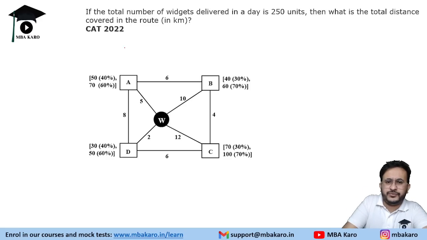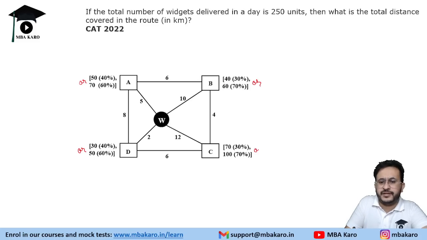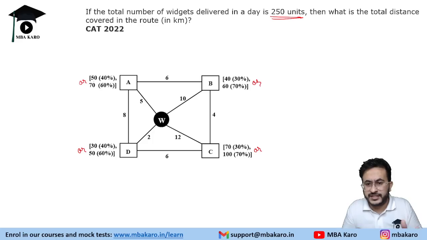It said that you have to deliver widgets, and these are the demands. So it will be either 50 or 70, it will be 30 or 50, 40 or 60. One of these two values will happen. Now it was given that the total number delivered is 250 units. So we had to make a combination of four numbers out of these eight that should total to 250, right?